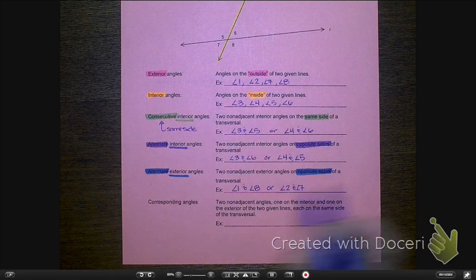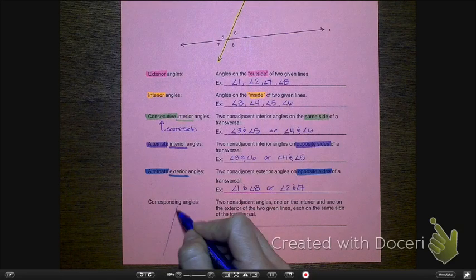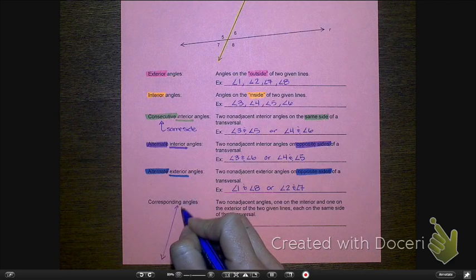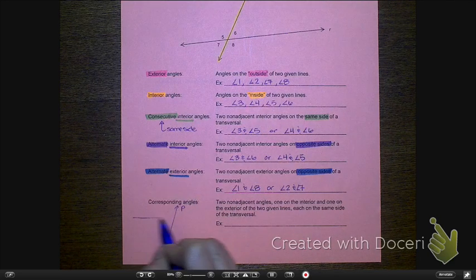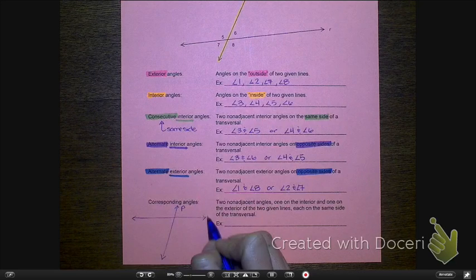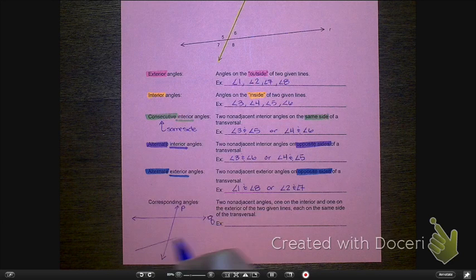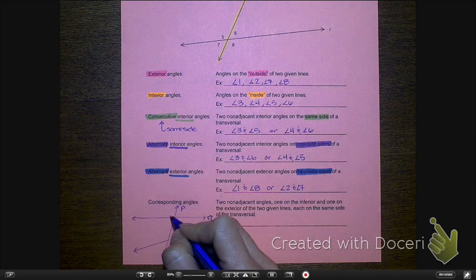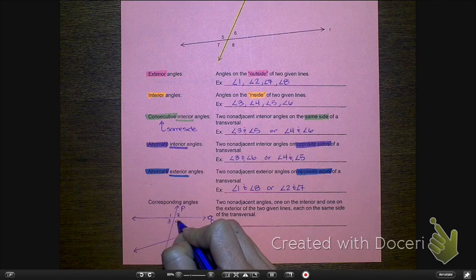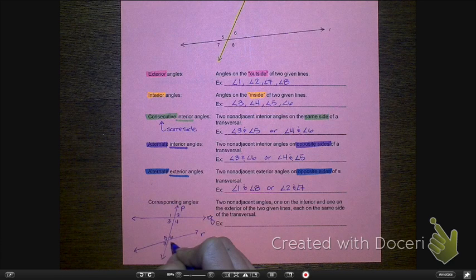Okay, so what I want you guys to do is redraw our picture that we have up there. Here's transversal P, here's line Q, and then here's line R. And then we had some angles, right? 1, 2, 3, 4, and 5, 6, 7, 8. So I'll give you guys a moment to redraw that. So you're just drawing what you already had up above.